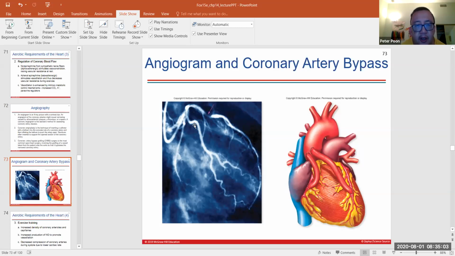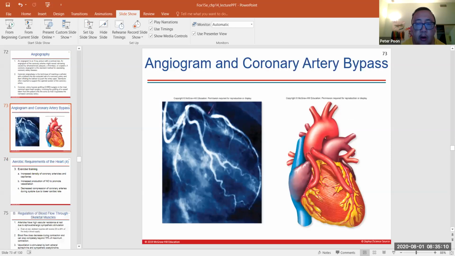If it's a diseased heart, there's a narrowing of the tube somewhere. I don't see it. Maybe it's there. Oh, where the little arrow is. Sorry. Got it. See that arrow? The little blockage is right there. I was looking for a little dark area. And this is a CABG, coronary artery bypass graft. You can see the bypass.